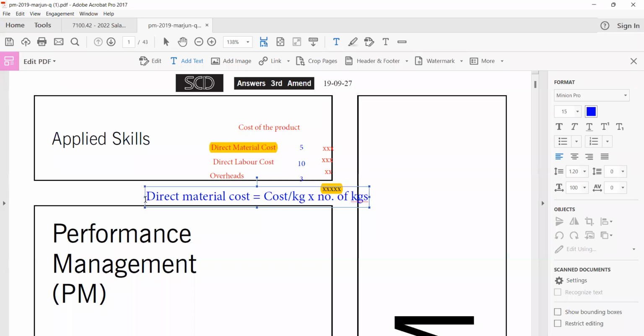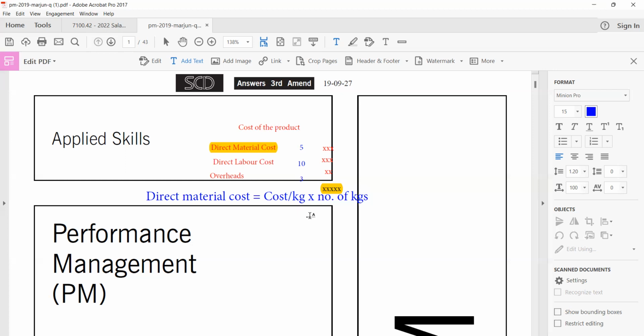If you want to calculate the direct material cost in performance management, how do you calculate it? It is not on the day of the exam that you'll be thinking about how to calculate material cost. You should know it before you sit down. So material cost is the number of kilograms of that material times the cost per kilogram. I've seen some questions where they give you the number of materials in grams while the cost is per kilogram.